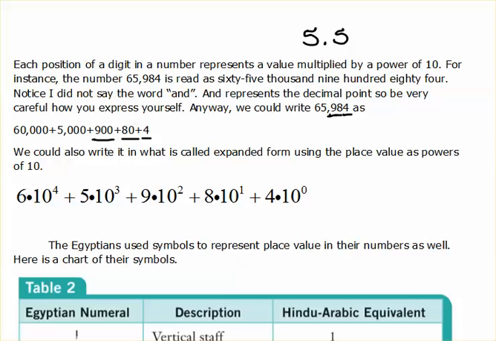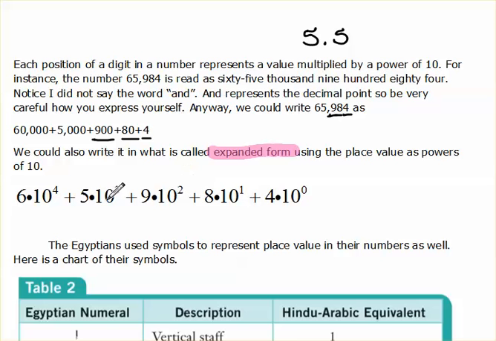Now we could also write it out in what's called expanded form using those place values as powers of 10. Because 4 is in the ones position, it would be 4 times 10 to the 0, which is a 1. The next position would be 10 to the first, or 10. The next position would be 10 squared, or 100.